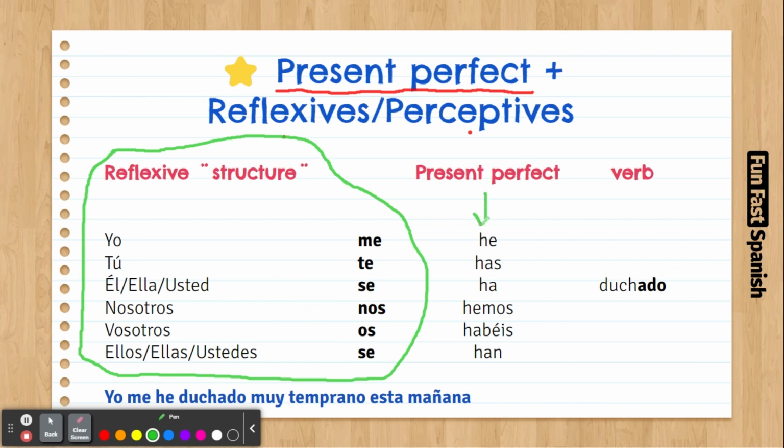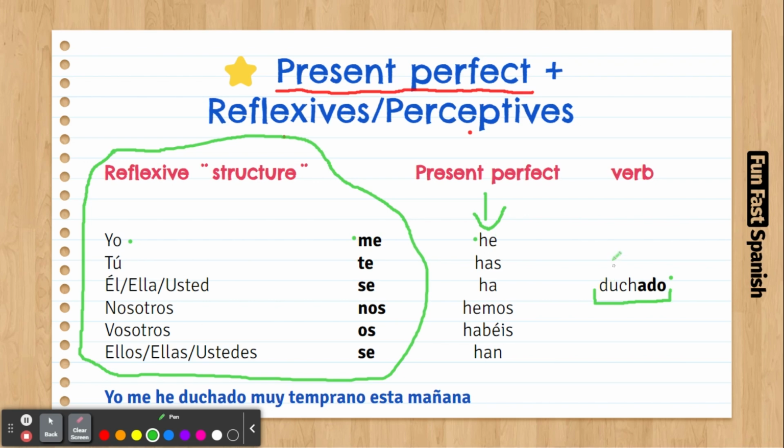this here, which is the present perfect, right? And then we are going to put the verb conjugated in the participle, which is the present perfect. So with the ado, ido. Let's do an example. Yo me he duchado. That means I have taken a shower.